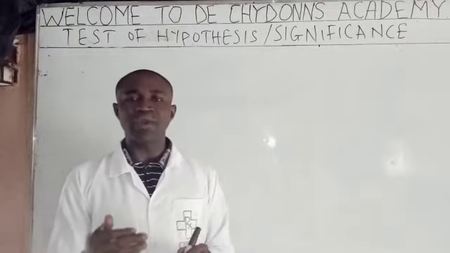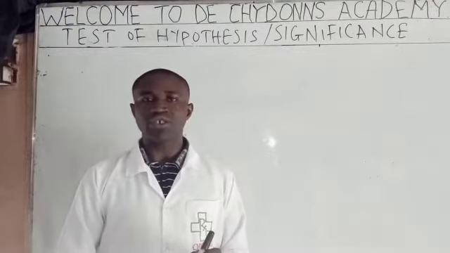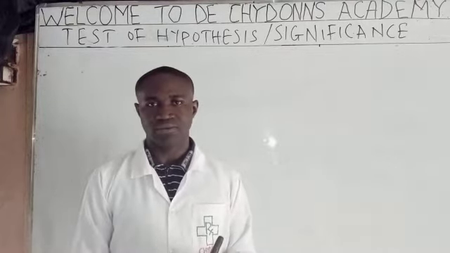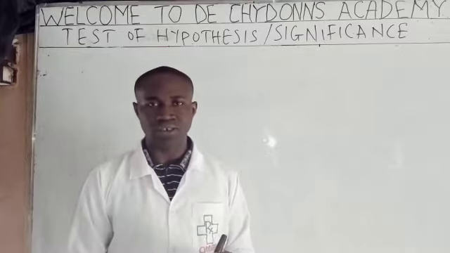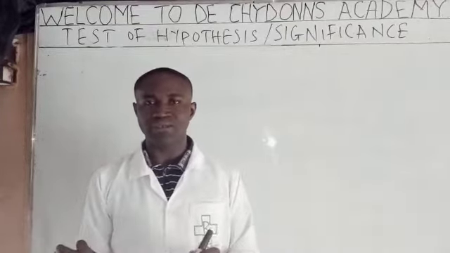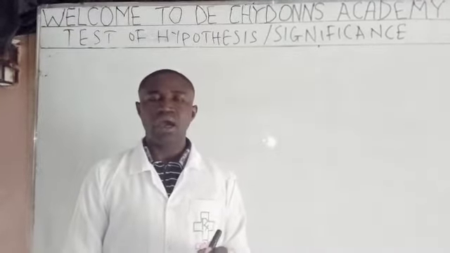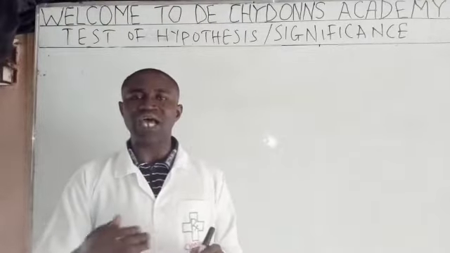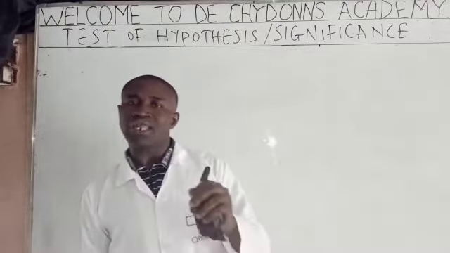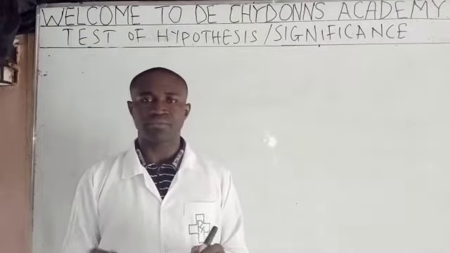Null hypothesis simply means a claim or assumption made which has not been confirmed. That is, the first claim made, the first assumption made which has not been confirmed. Then what do we mean by alternative hypothesis? Alternative hypothesis is the second assumption made, the second claim made, which contradicts the first claim which has not been confirmed.